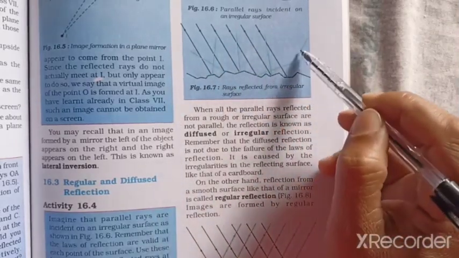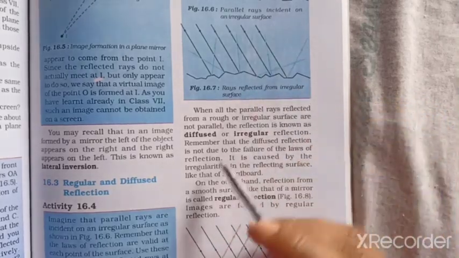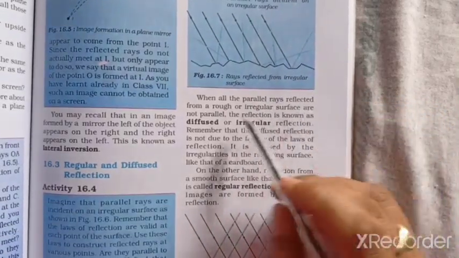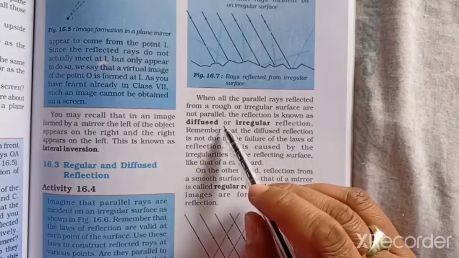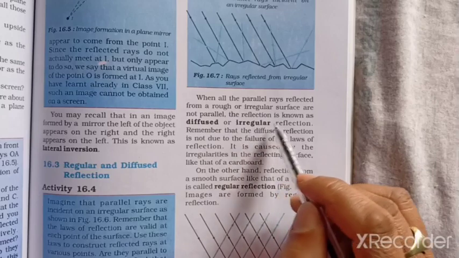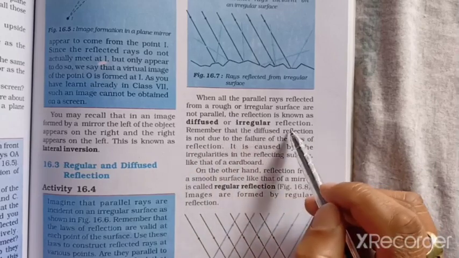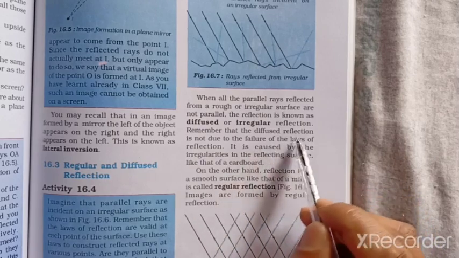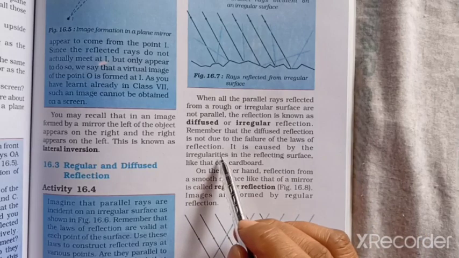We can see here these are the reflected rays. When parallel rays reflected from a rough or irregular surface are not parallel, the reflection is known as diffuse or irregular reflection. And remember that diffuse reflection is not due to the failure of the laws of reflection.